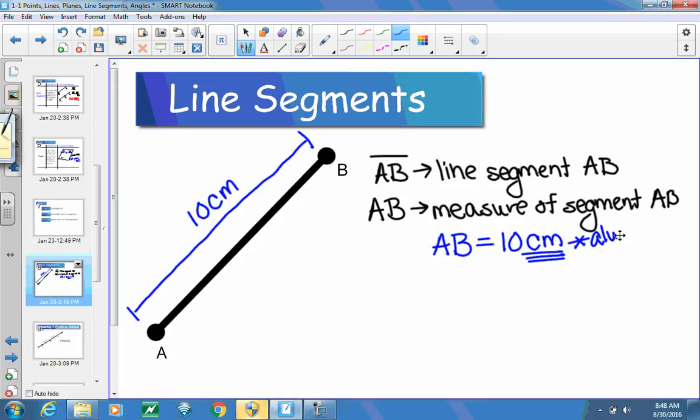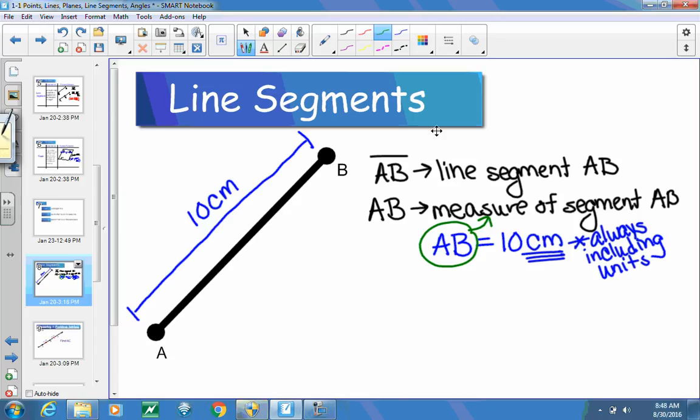So make sure that you're always including units. Sometimes it might just even be units. If I didn't have that 10 right there, it would be 10 units. But when we look at this AB here, this is referring to the measure of AB. So the measure of segment AB is 10 centimeters.